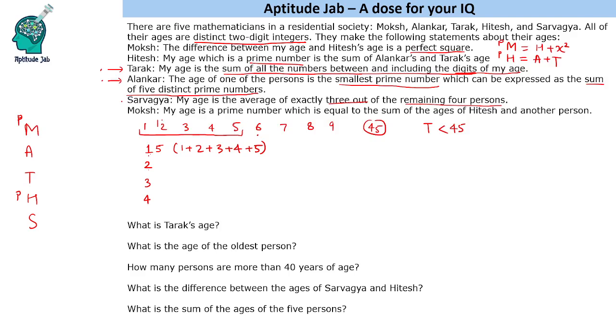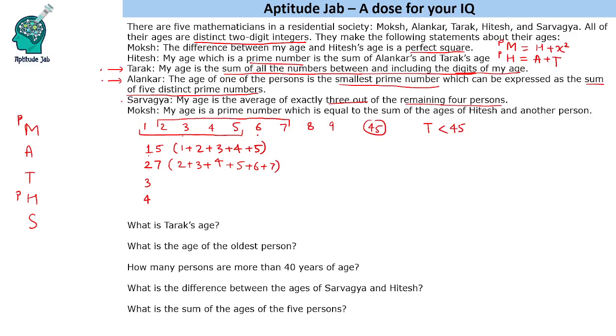Now, if we start with 2, 2, 3, 4, 9, 14, 20, 27. Okay, does it match? Yes, 2 to 7 if we add, that also matches. Now if you take the next digit, that is 8, it will be more than 30.